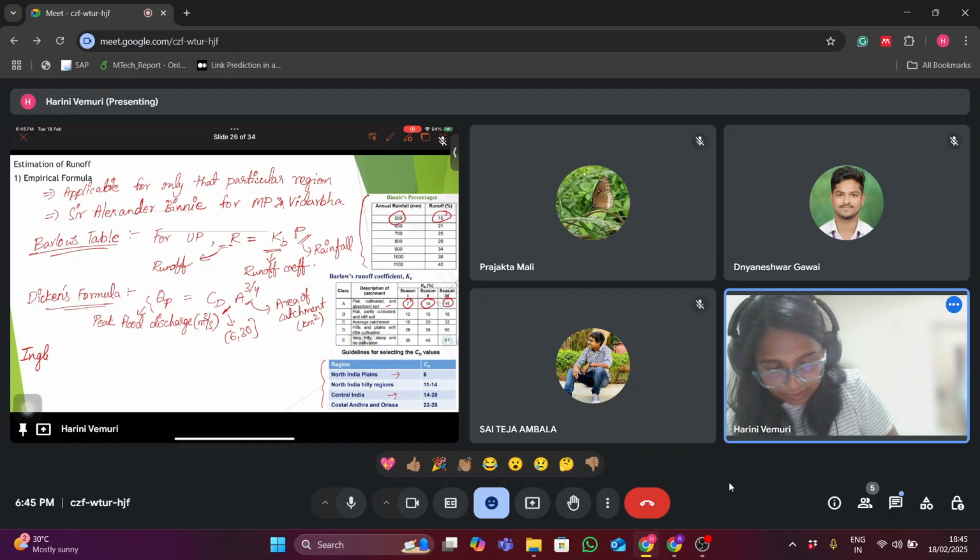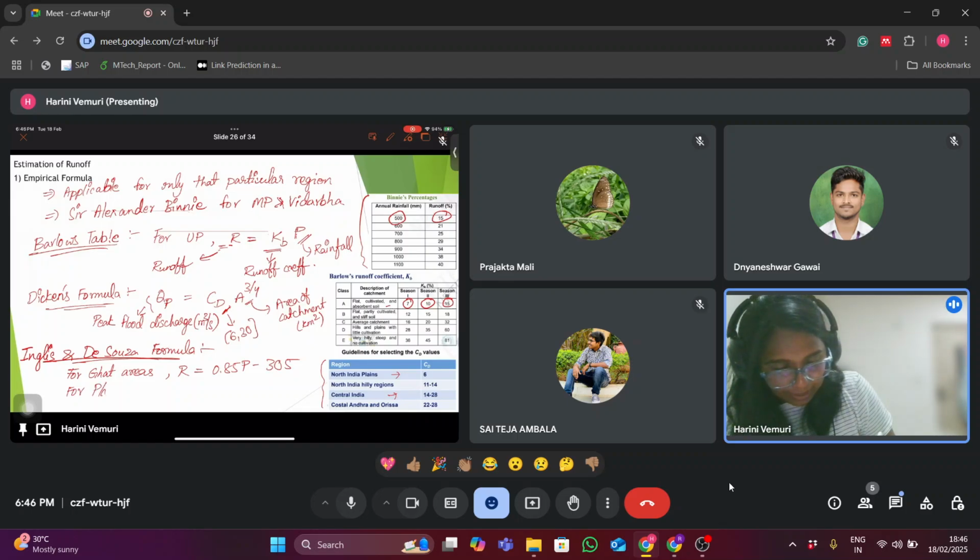empirical formula, Inglis and D'Souza formula. This has been developed for Maharashtra. In case of Ghat roads, that is hilly areas, the runoff is estimated as 0.85 P minus 305. Okay.